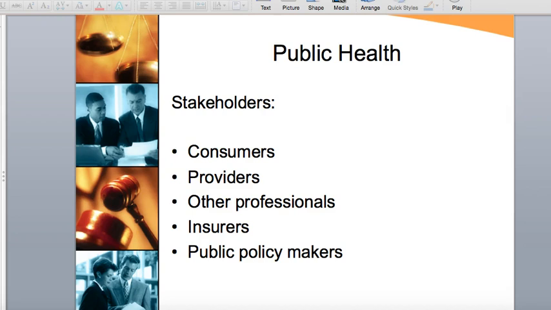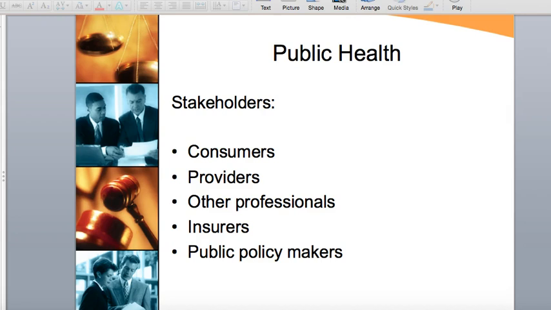Similarly, providers and insurance companies may not agree on services provided. And then when you add the public policymaker, who should be more aligned in terms of values and opinions with consumers, that may not be as simple either.